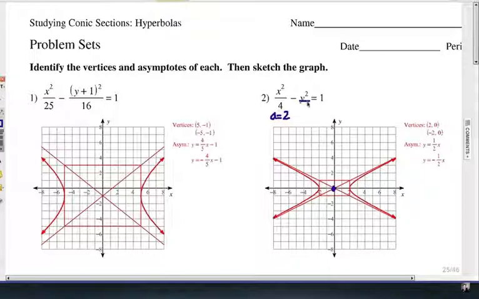And this is really y squared over 1, so b is 1. If you don't see it, it's a 1. So we go 2 to the right and left, but 1 up and down. There's my rectangle. Draw the diagonals, that's the asymptotes, and the hyperbola curve goes here and here, opening to the left and to the right. Very good.